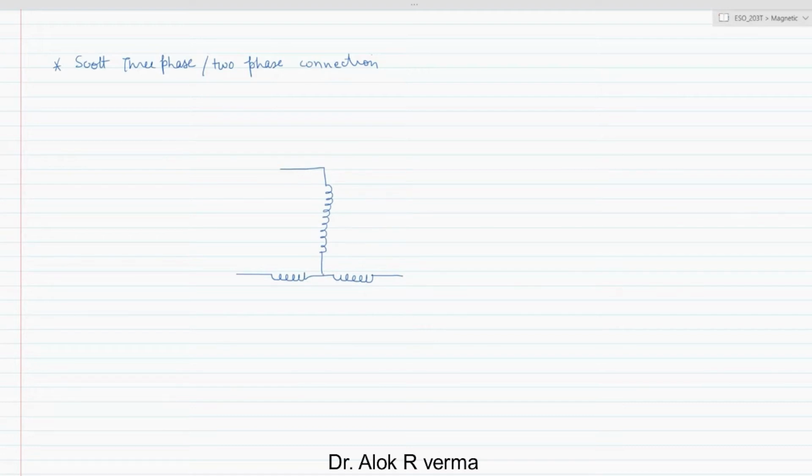So this is one transformer, known as the main transformer.